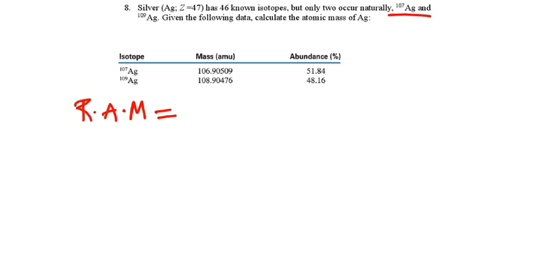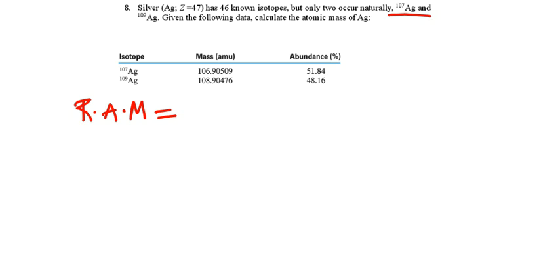So to avoid that, scientists came up with the idea of relative atomic mass, where you come up with a value to represent the element. In short, it's something like an average. So let's use the two isotopes to determine the relative atomic mass of silver.